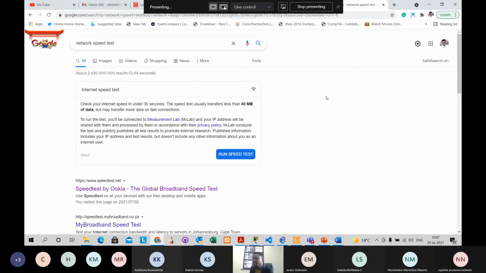So that's the baseline. And then we have a term called the benchline. The benchline mostly is a standard that has been set by many organizations to say, okay, the standard for an organizational network to perform is supposed to be maybe 100 MB per second, most of the times. So that's the benchline.